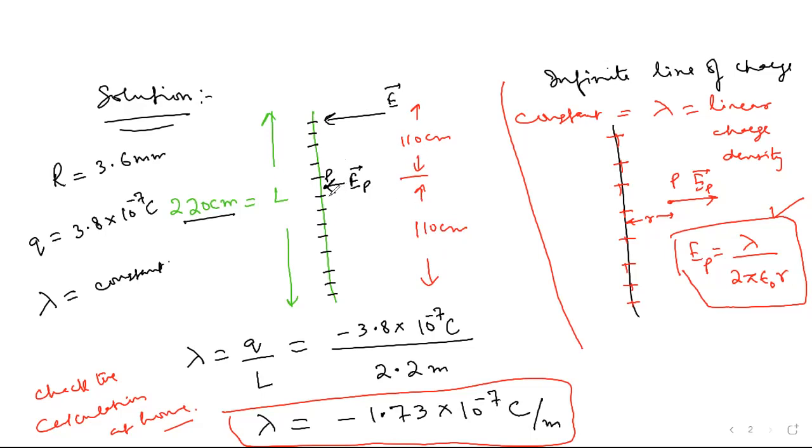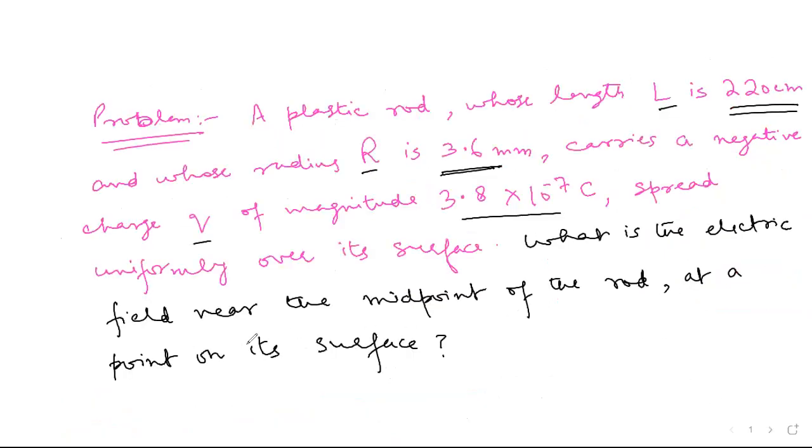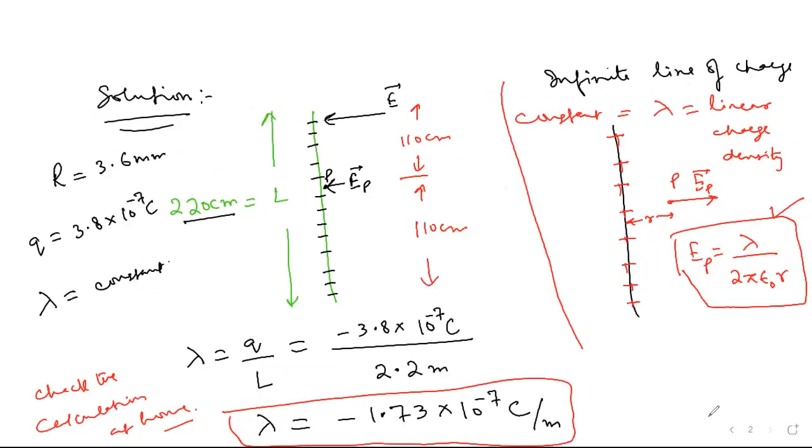And my point of observation is on the surface of the rod. It is said that at a point on its surface, right? So for this point of observation, I am away from the ends, I am at the midpoint, and I am close enough to the rod. I am on its surface.